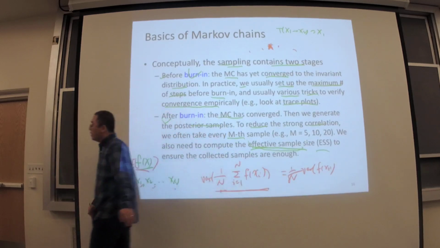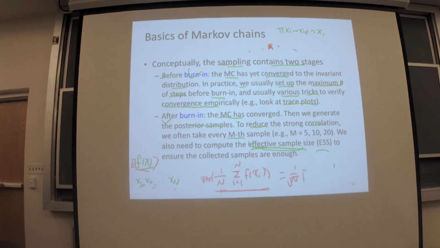So there is a formula for the variance, but you have to calculate pairwise correlations between those f(x1), f(x2), f(x1), f(x3), and so on. So the smaller the correlations you have, the smaller the total variance you have.